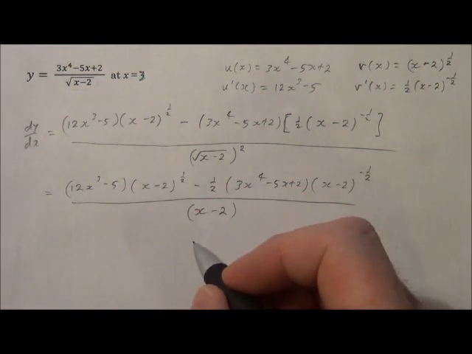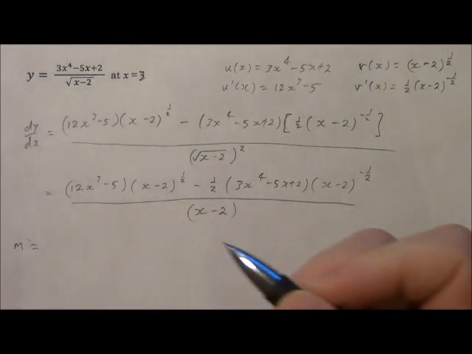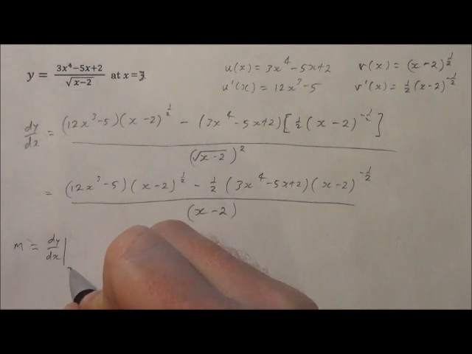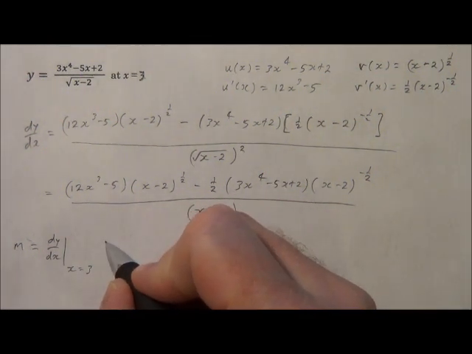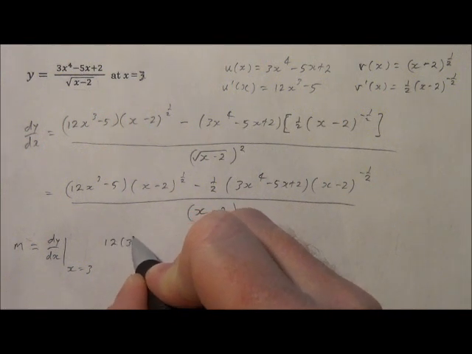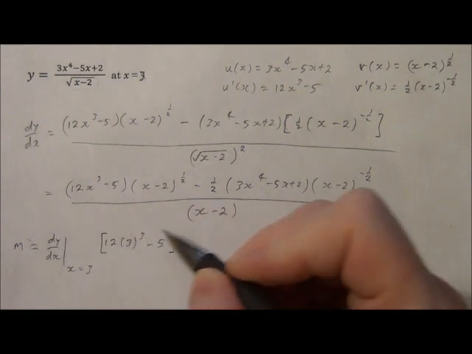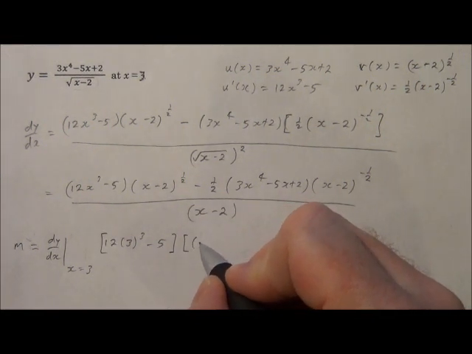Okay, so let's now look at this here as the gradient. m is dy by dx evaluated at x equals 3. And I think there goes my hopes of doing all this in mental math form, because I'm not sure exactly what 27 times 12 is off the top of my head.